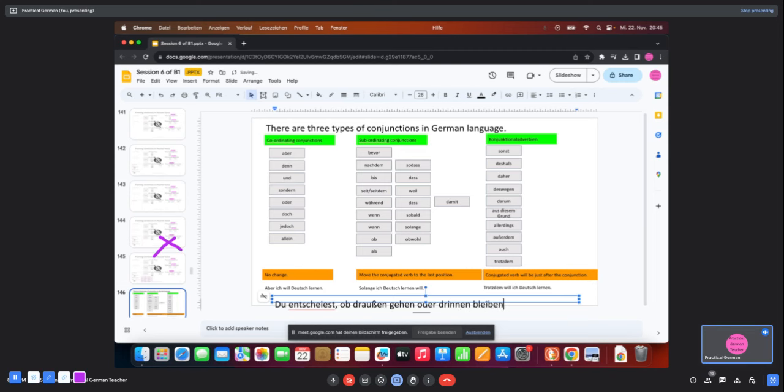Again, there is nothing wrong in a real life scenario, but the second sentence needs a subject, right? So you have to say du.